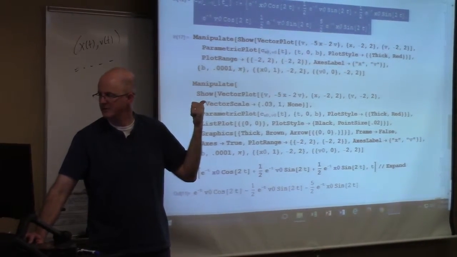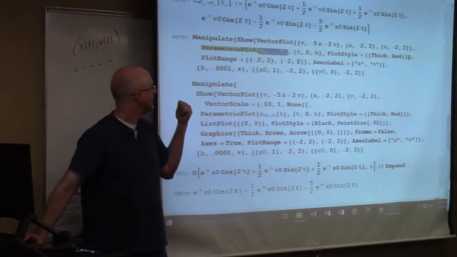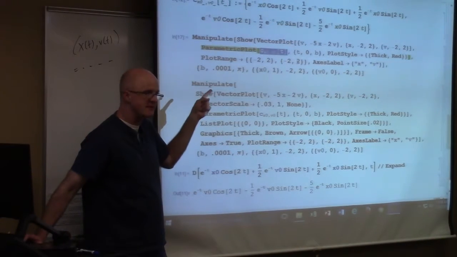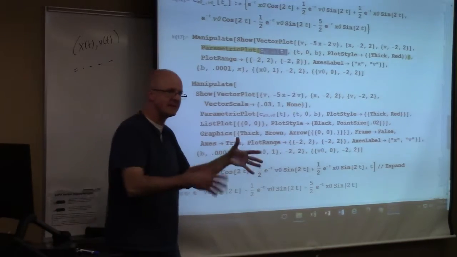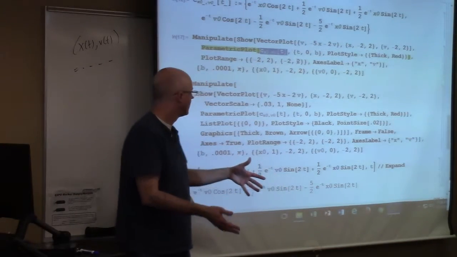Except without underscores. Copy and paste this down there, except I'm going to want to change the T to a B, because the B is the thing that's changing in the animation.